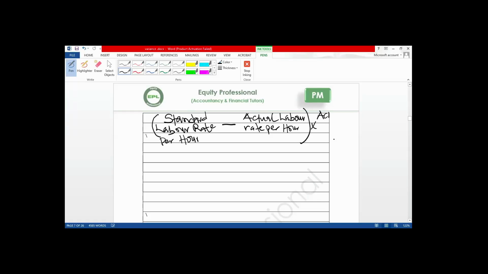That is how to calculate direct labor rate variance.